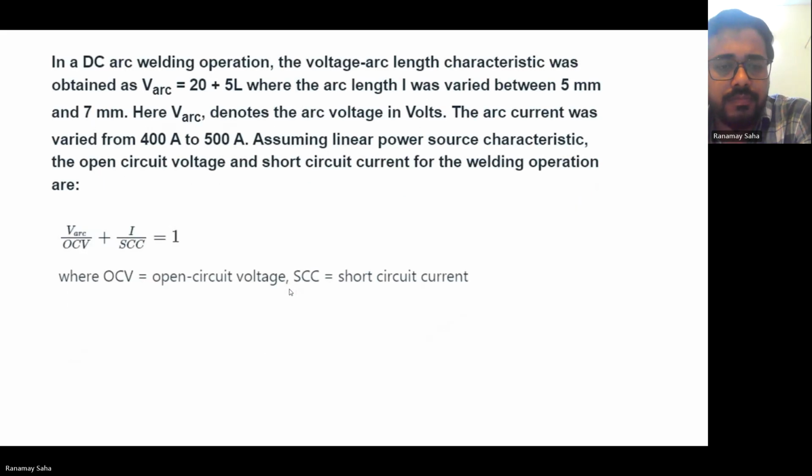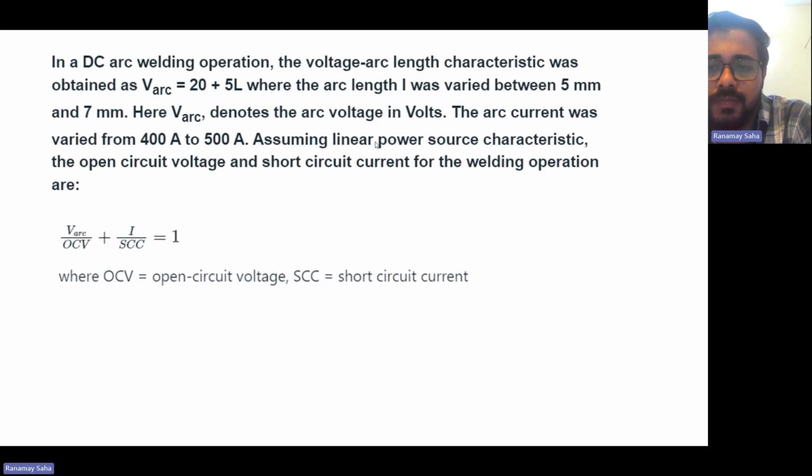So let's see what questions now as we're moving to sessions. In DC arc welding, the arc length characteristic was obtained as V = 20 + 5L, where L is the arc length varied between 5 millimeters and 7 millimeters. Arc voltage V is in volts and the arc current was varied from 400 amperes to 500 amperes.